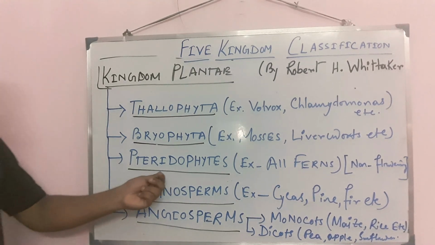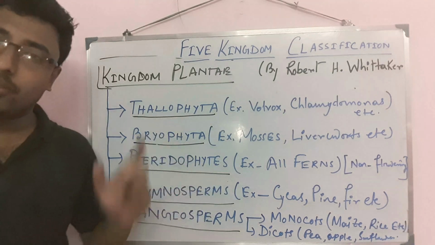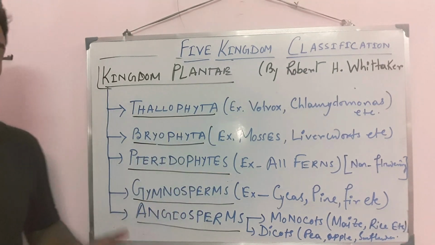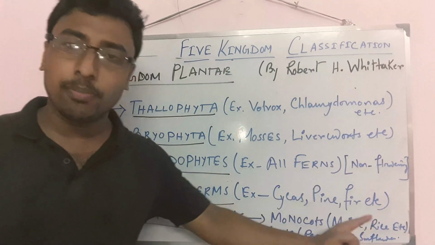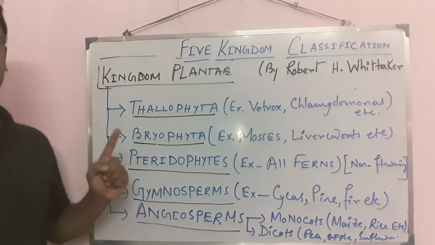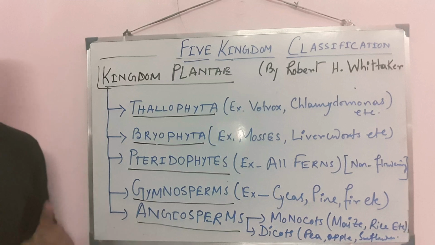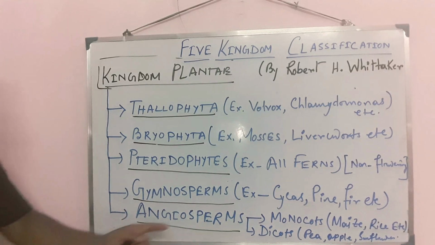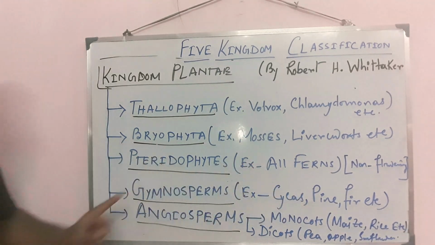So these are pteridophytes, non-flowering plants, and they are autotrophs as they have chlorophyll in their body. Examples: all ferns are under pteridophytes.